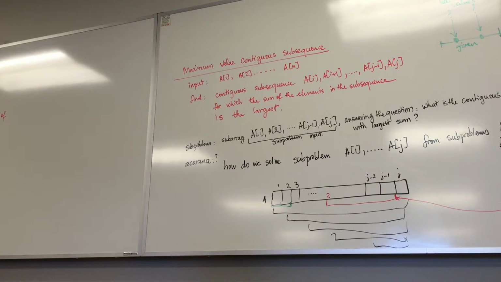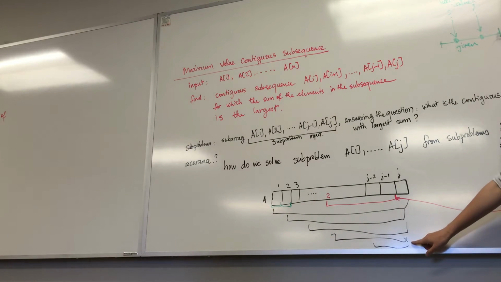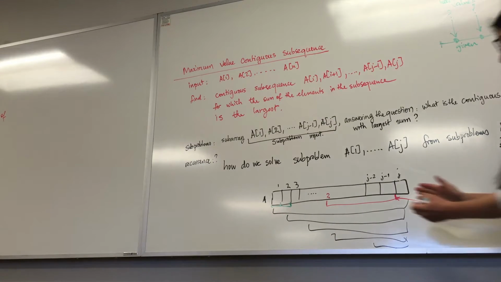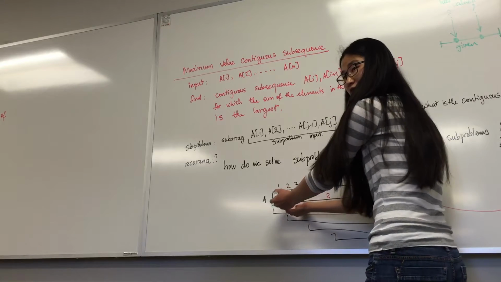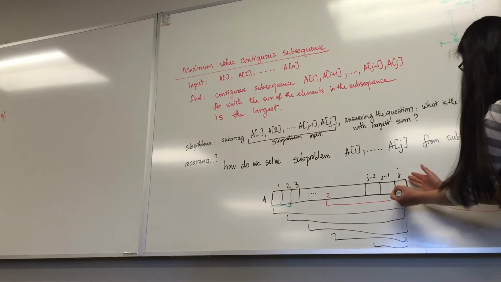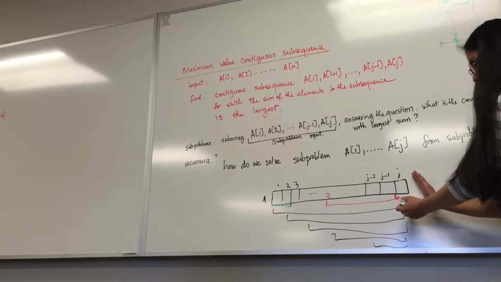Okay? So immediately, if we're looking for contiguous subsequences, we're still looking for something that's contiguous and that ends at J. All these are actually useless to us because all these encode subsequences that end at some value right here, and you can't use that to grow it into something that ends here, right?